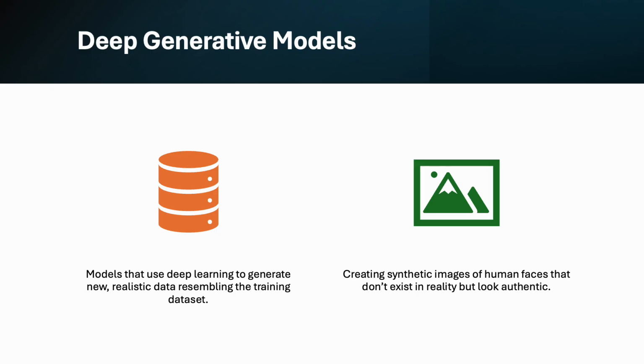For instance, in healthcare, generative models can produce synthetic medical images to train diagnostic algorithms without compromising patients' confidentiality. While in the creative fields, they can generate original art, music, or even entire virtual worlds.